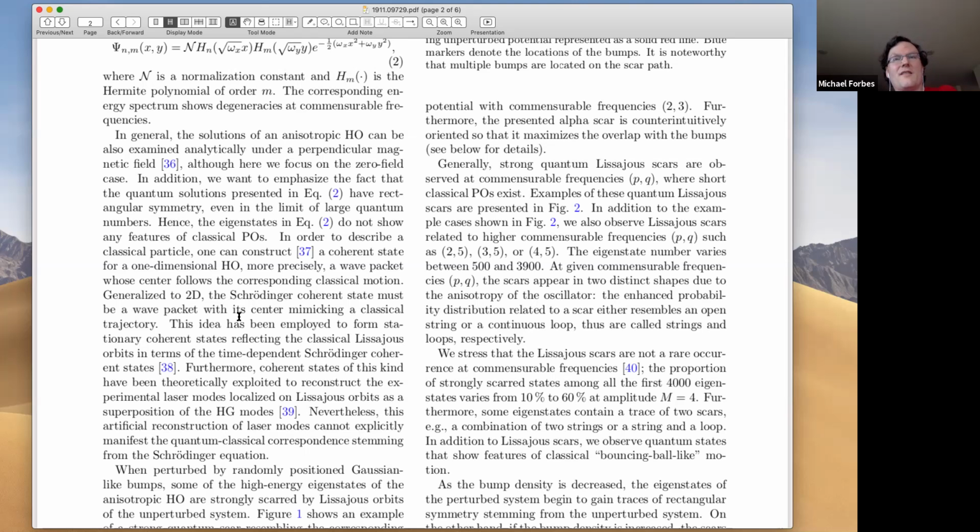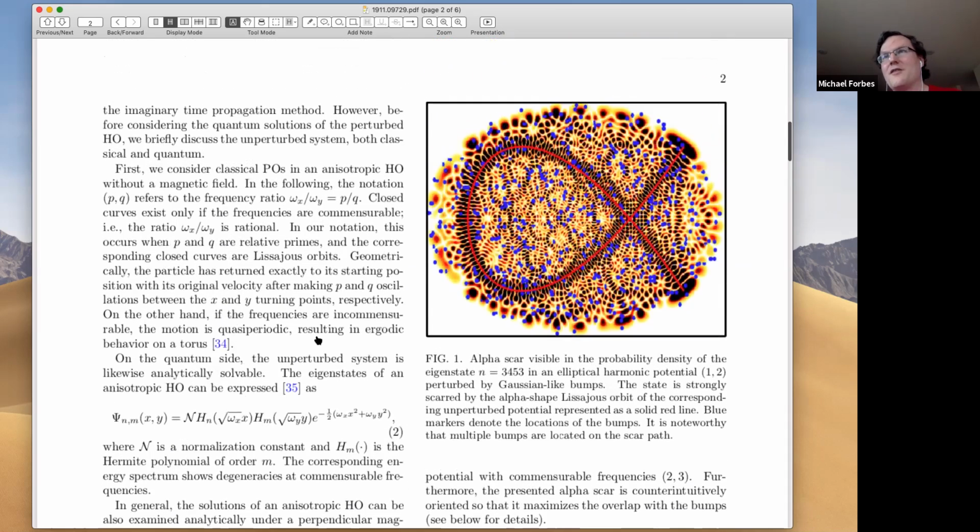So you do this, but then what I don't know is, if you look at the actual exact eigenstates for the system with their perturbations, is there guaranteed to be one that always has a scar? Or several that have scars? Or does that depend on the perturbations?